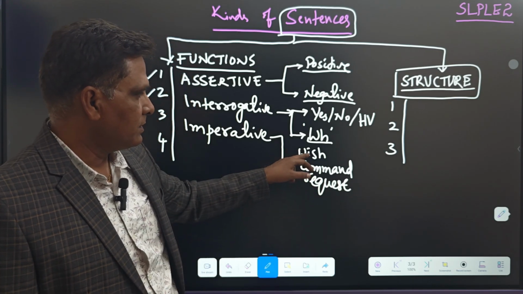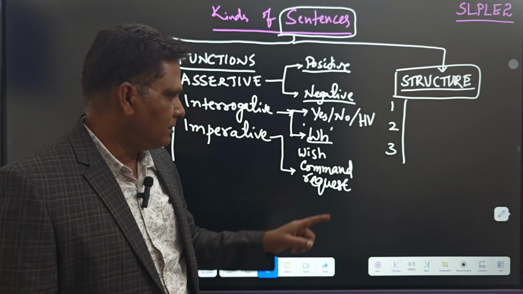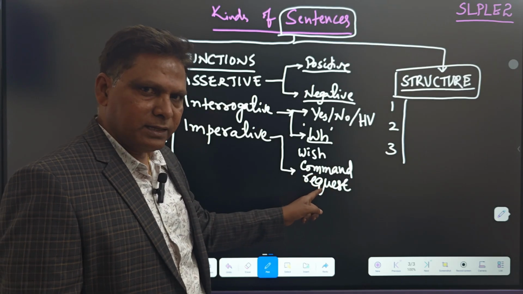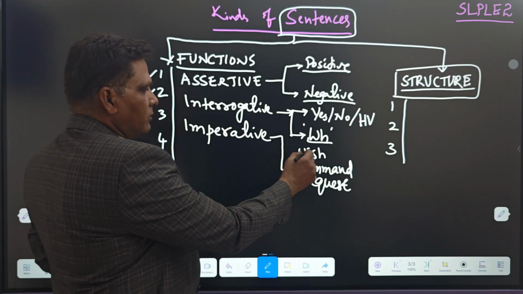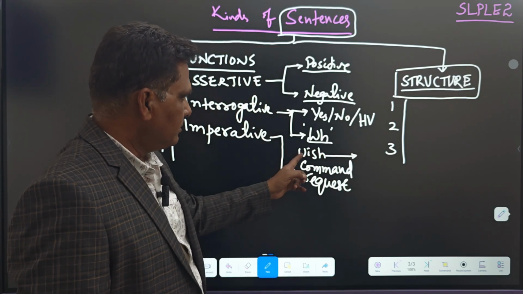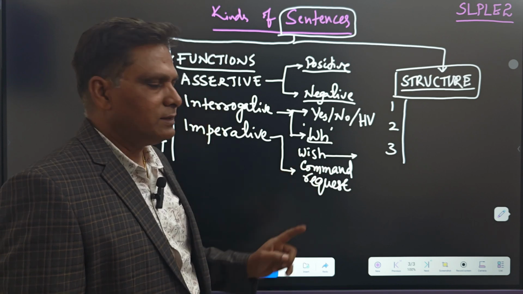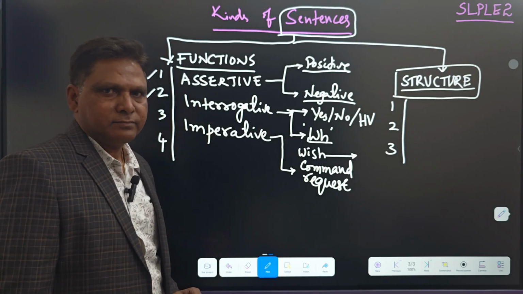For example, wish: Congratulations. It is an imperative sentence. Type the letters. It's a command. Please come inside. It's a request. So when any sentence expresses wish, command, or request, these are called imperative sentences.